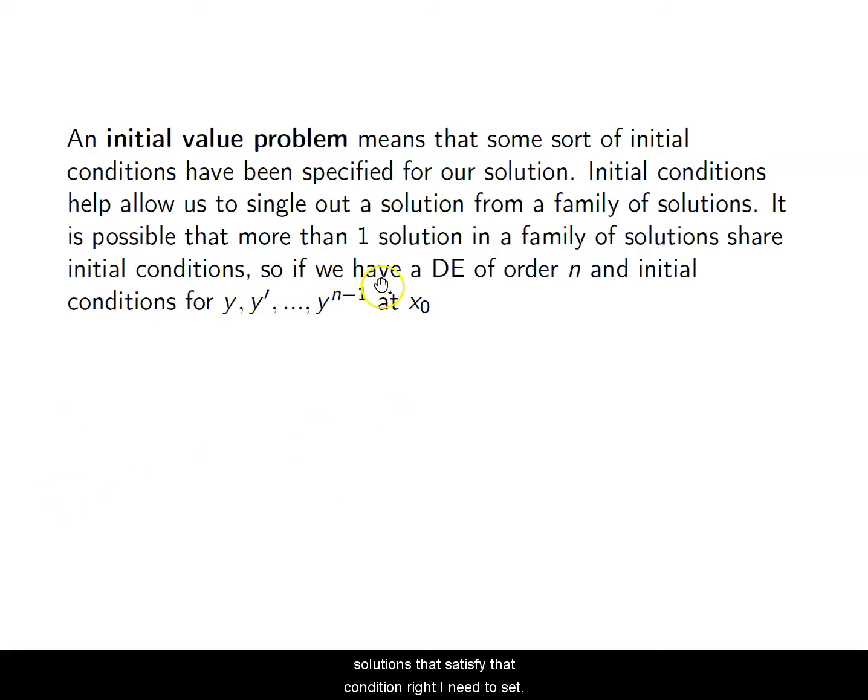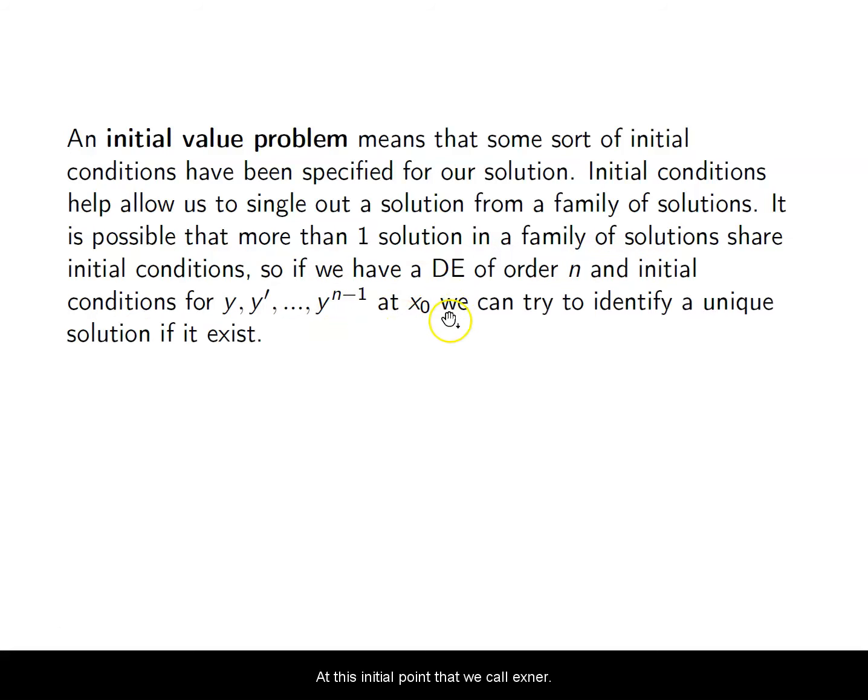So I need to set conditions on the derivative of my function as well at that point of 0. I need that if I plug 0 into y prime, I get out 3. I need that if I plug 0 into the second derivative, I get out 12. Whatever, up to one less than the order I am, at this initial point that we call x0.